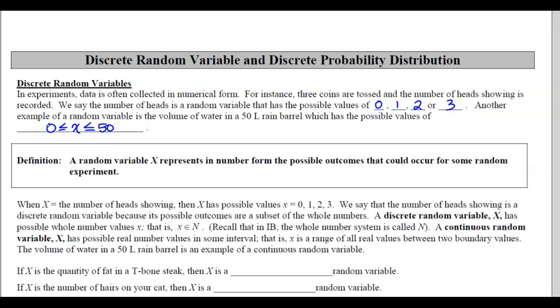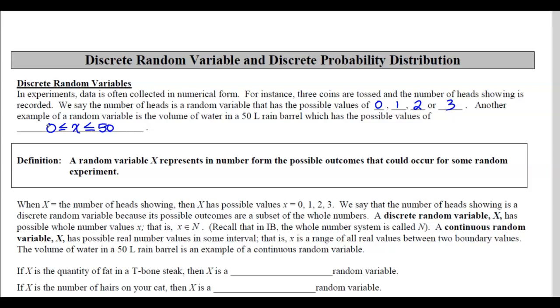Think about the amount of rain: you could have decimal values, fraction values, etc. If you had a good enough measuring tool, you could have 42.1376 liters. So you can have any value between 0 and 50.